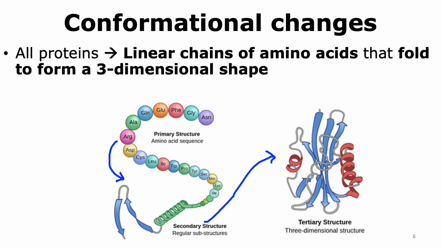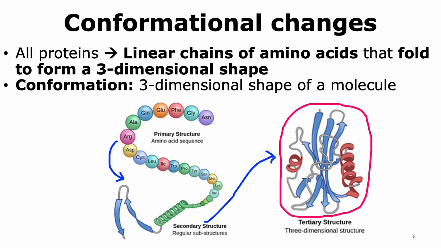Now, we all know that all proteins are linear sequences of amino acids that are joined one after another. However, instead of existing as linear sequences, the proteins will fold to form a three-dimensional shape. So the conformation of a protein is the three-dimensional shape of the molecule.